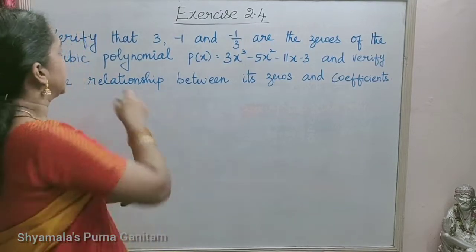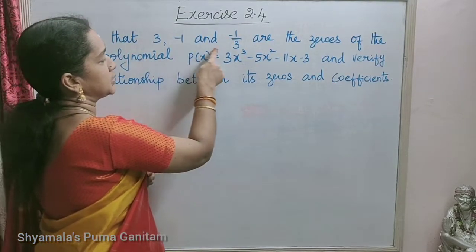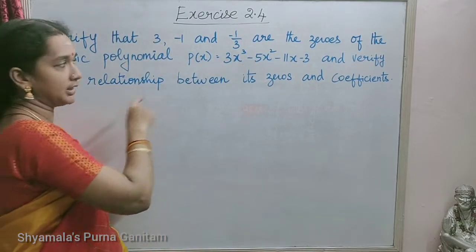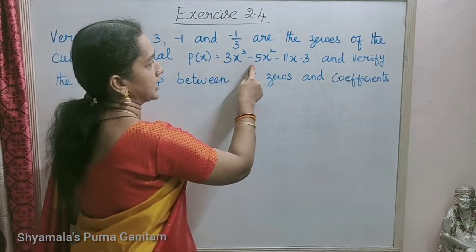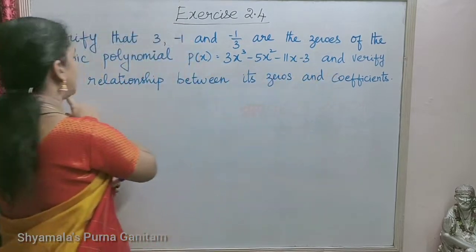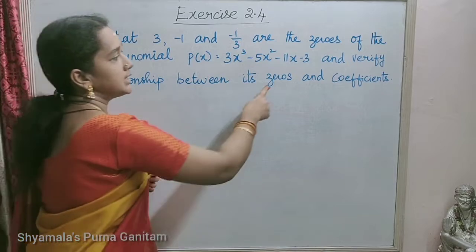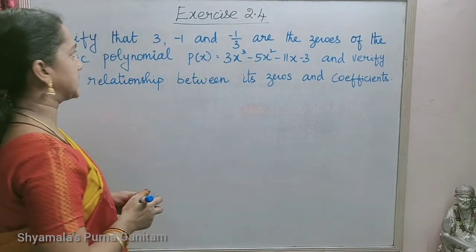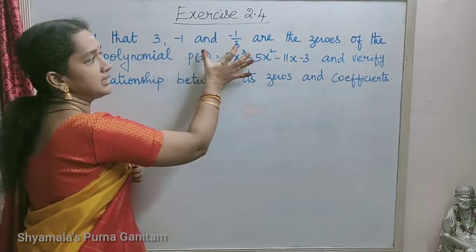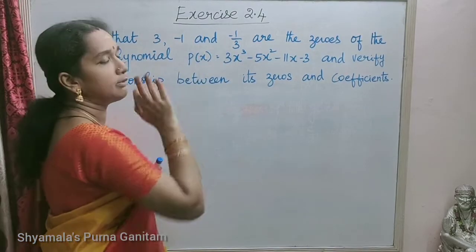Next question is, verify that 3, minus 1 and minus 1 by 3 are the zeros of the cubic polynomial p of x is equal to 3x cube minus 5x squared minus 11x minus 3, and verify the relationship between its zeros and coefficients. So first you are asked to verify whether these three are the zeros of the given polynomial.